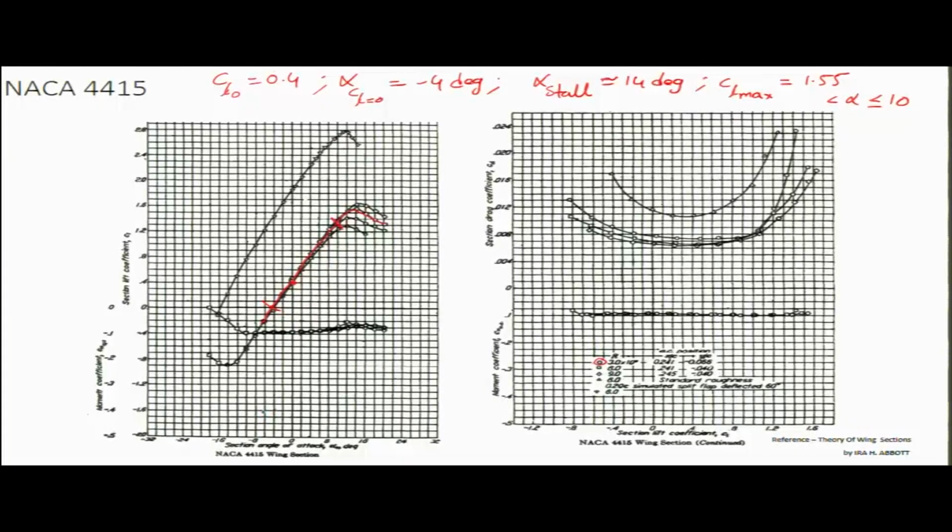Even for minus 8 and minus 10 degrees it still behaves linearly here, and minus 12 degrees it still behaves linearly. So let us say alpha of 10 and minus 10 are the boundaries of the linear regime of angle of attack, right.